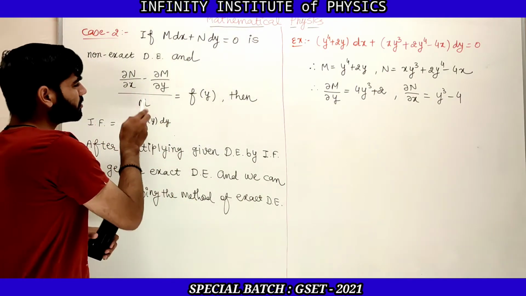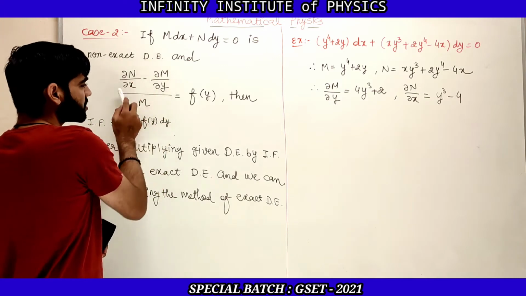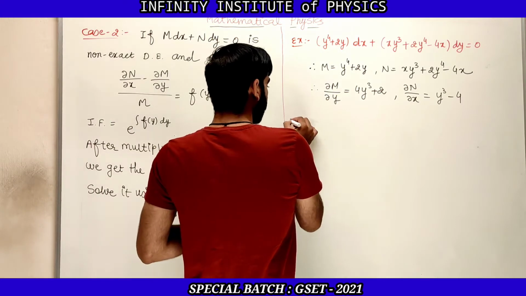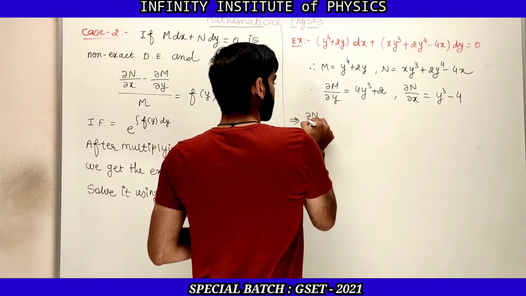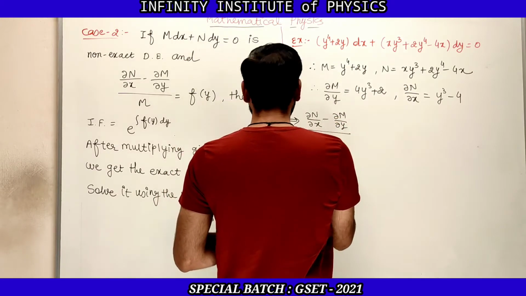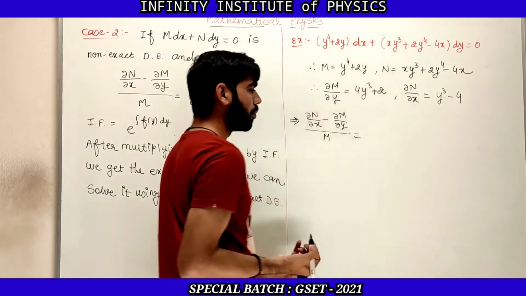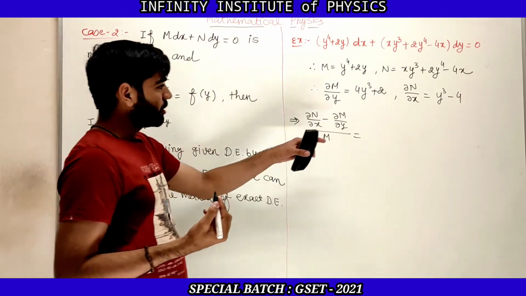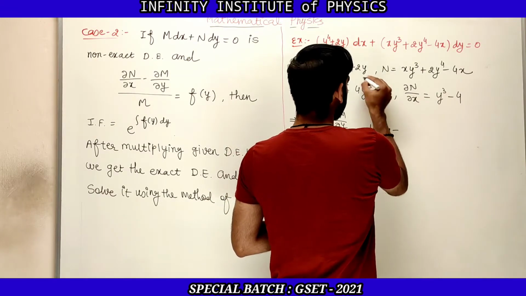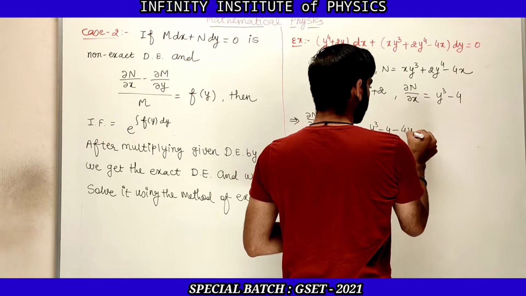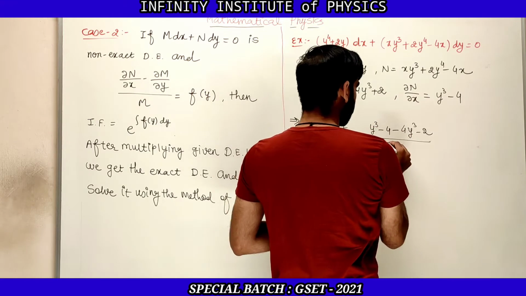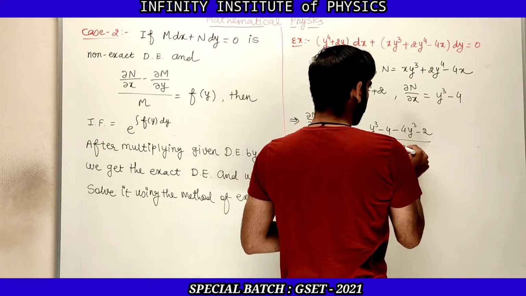Now we need to check whether this term gives us a function of only y or not. So let us check that. del n by del x minus del m by del y upon m is equal to y cube minus 4 minus 4y cube minus 2, upon y raised to 4 plus 2y.